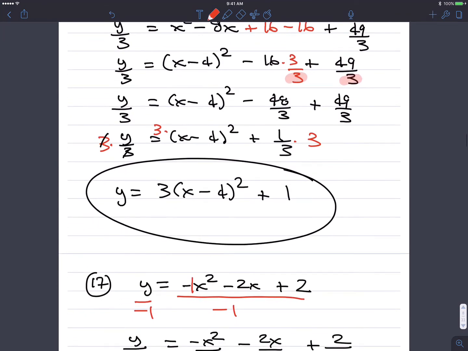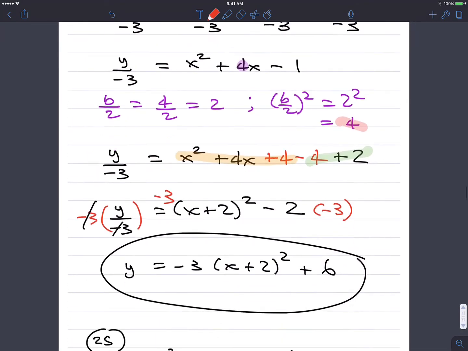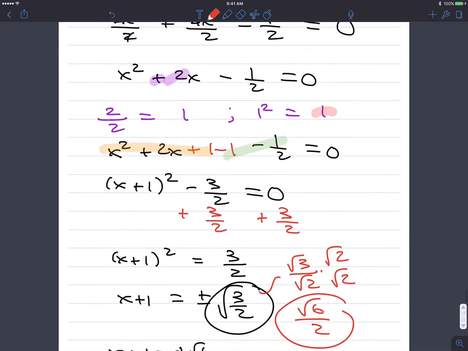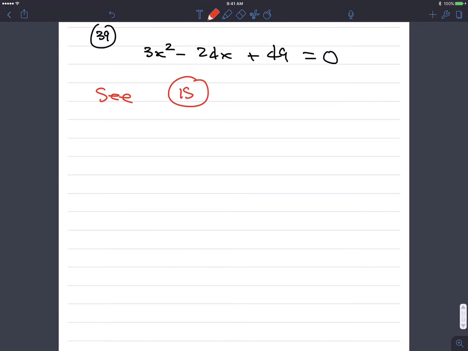We did this. We get 3 times x minus 4 squared plus 1. Now that equals y. But in this case, y is 0. And we did this already.